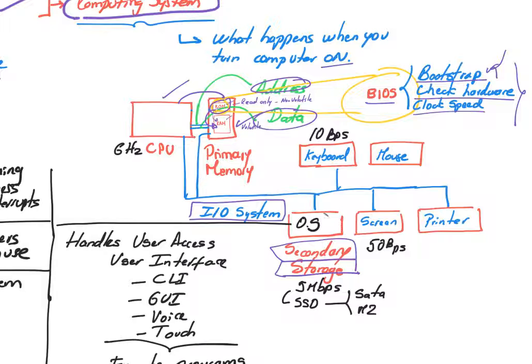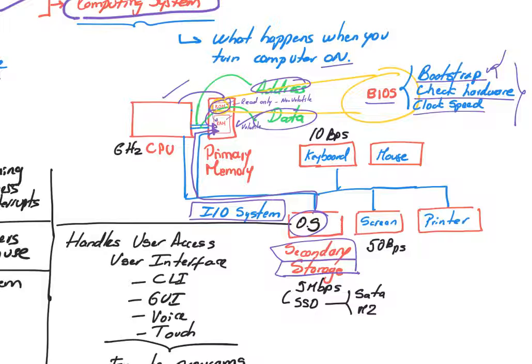So the operating system is then, using the I/O system, loaded into RAM, and then the operating system starts running. The operating system is the program that takes care of all the requests and all the handling of resources for the user.